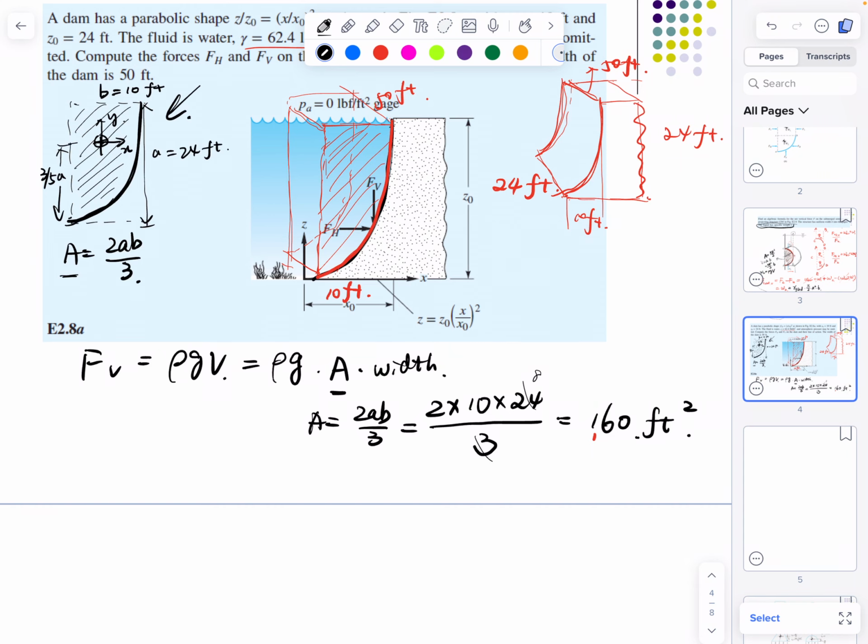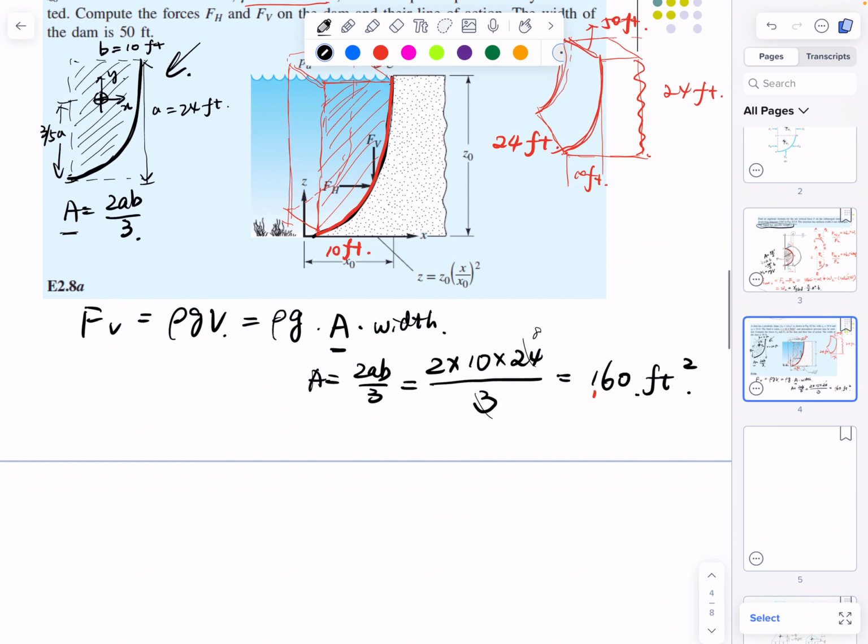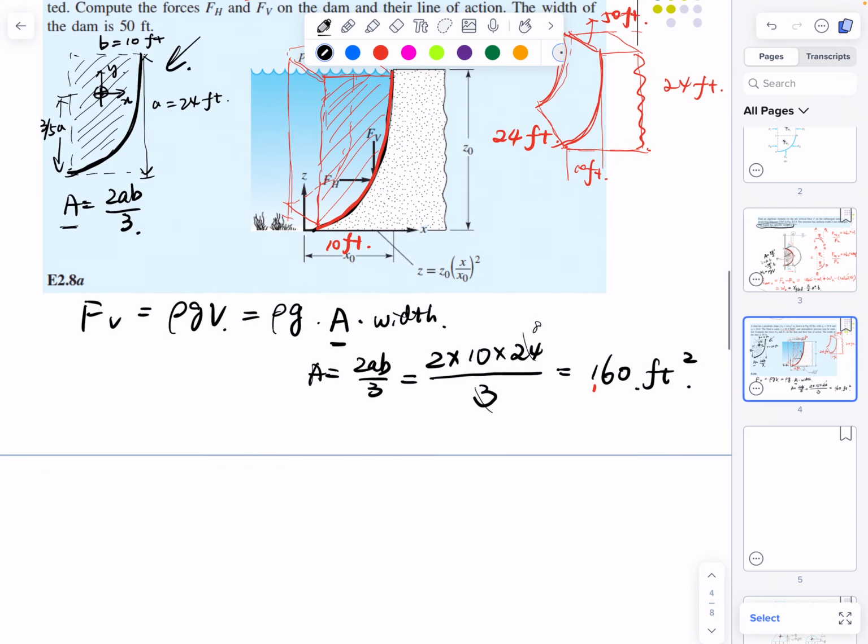I hope it's correct because I do not have it in my notes. You can double check, but I think it's correct.